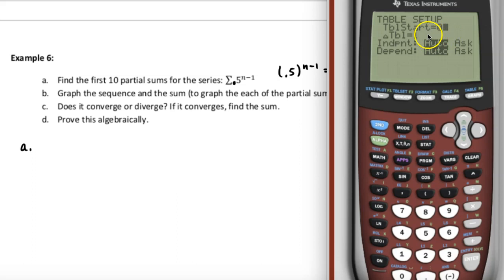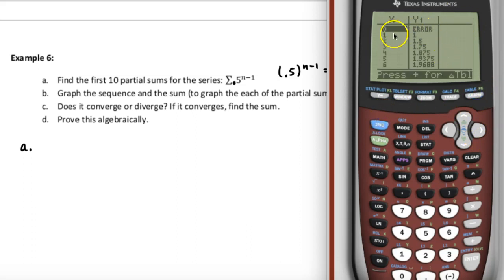So I'm starting at 1 or 0 in some cases, and then I'm just going up by 1. So my change in these table items, my change in x really should always be 1. Let's go to the table, and I can see that n has to start at 1 so that we don't get an error.